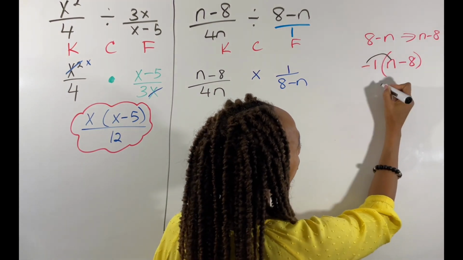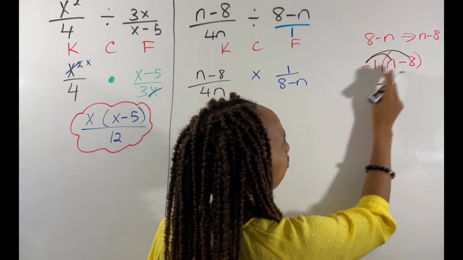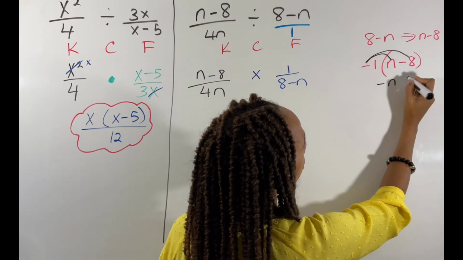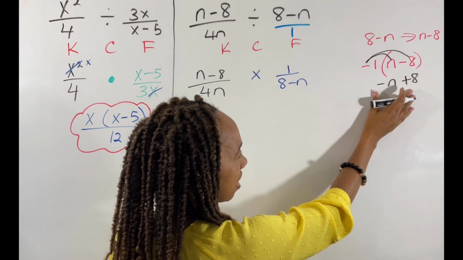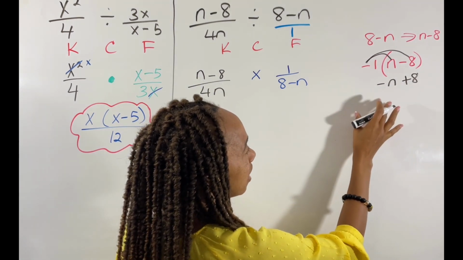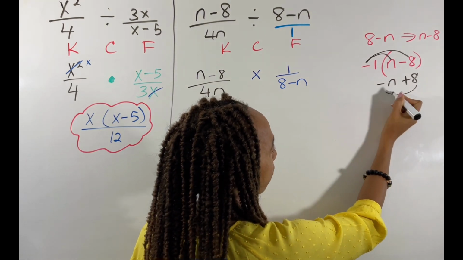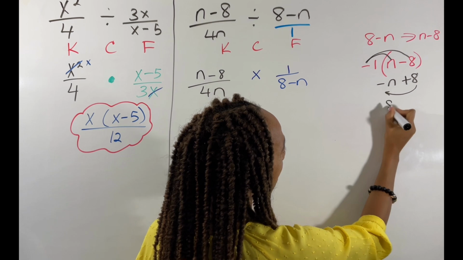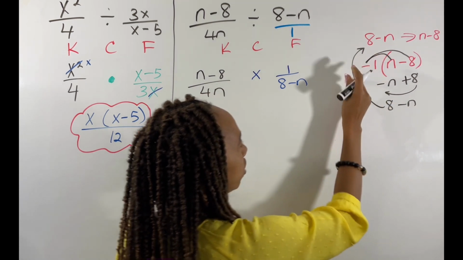Multiplying that out, you will have negative n. Multiply your negative 1 times the negative 8, you will have positive 8. Now, you have it like this, right? And this is basically when you change this around, reverse this, put this over here, you have the 8 minus n, which is taking you back to the original here.